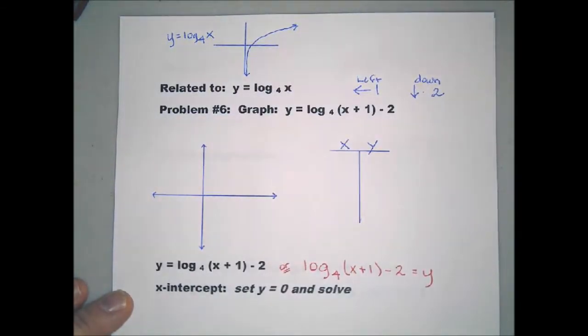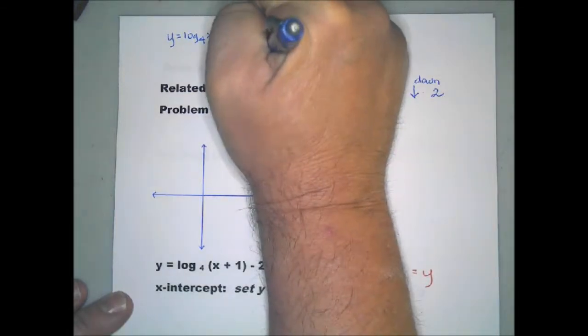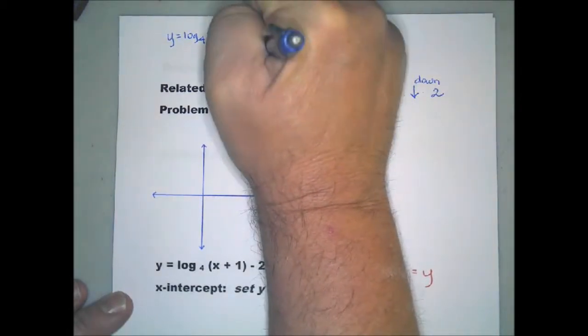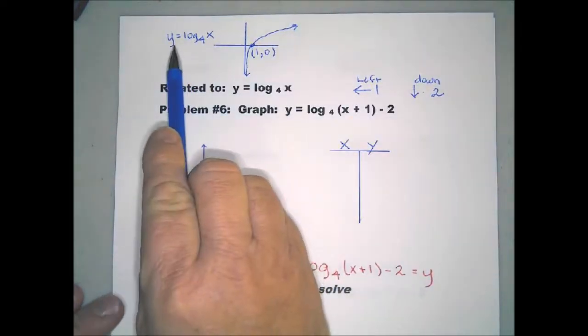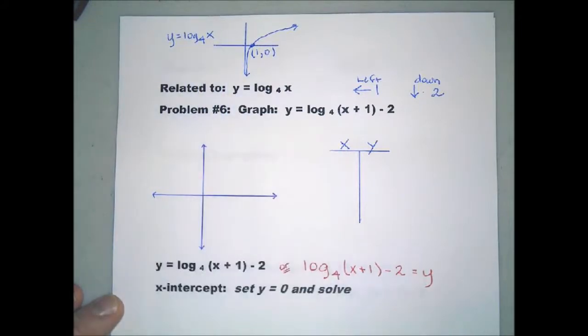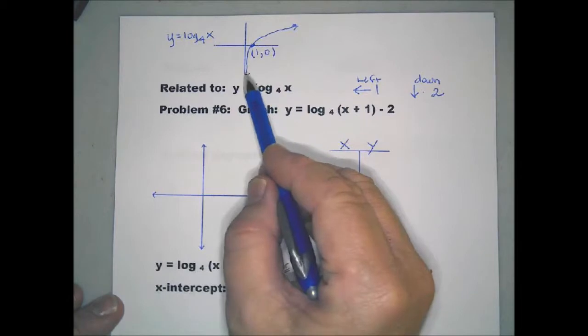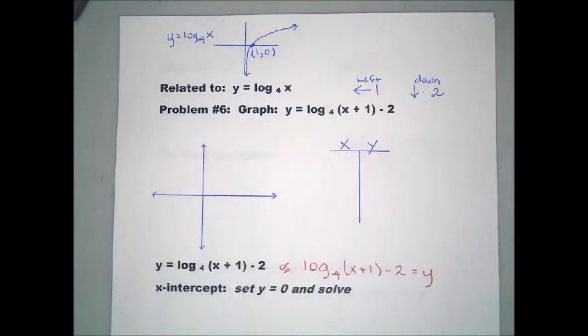And the one really important point on that graph would be (1, 0). So if the problem had simply been y equals log base 4 of x, this is what the graph looks like. And remember, there would also be a vertical asymptote on the y-axis at x equals 0.